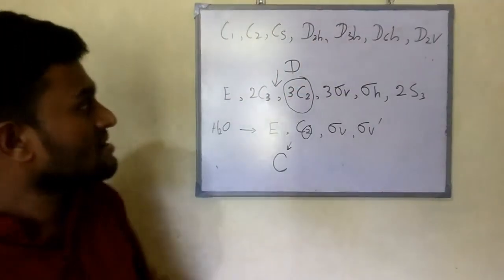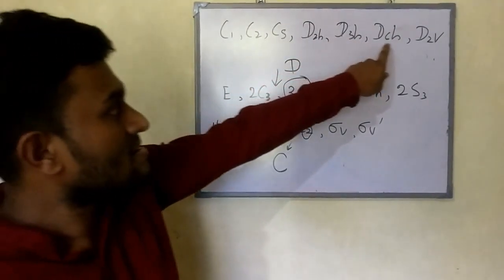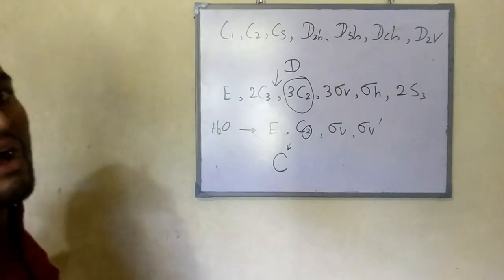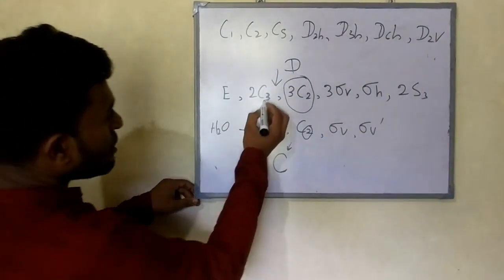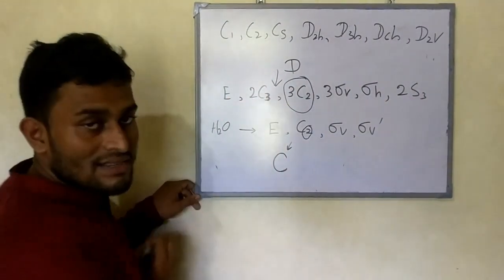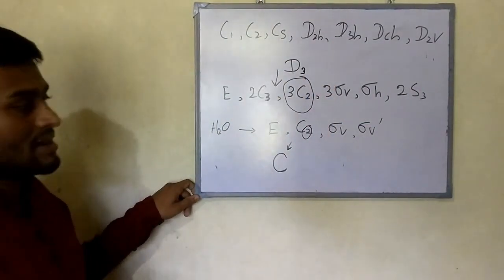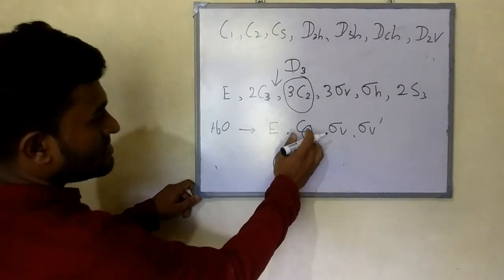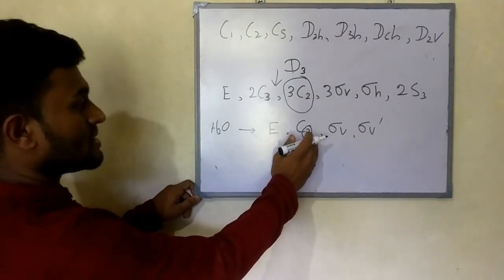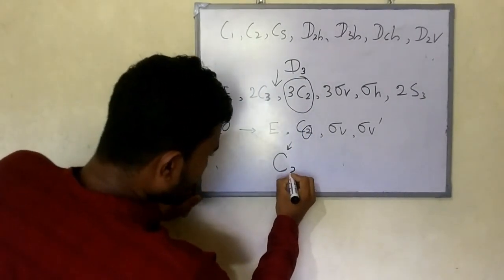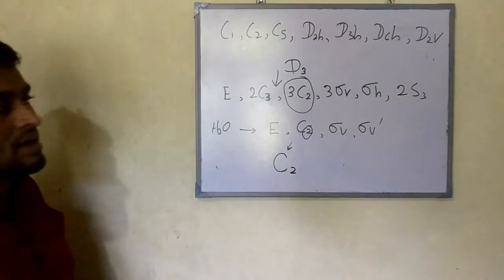In the Schoenflies symbol, next is the number of the highest rotation. Here C3 is the highest one, so your group will be D3. Here also C2 is the principal rotation axis, so this is C2.